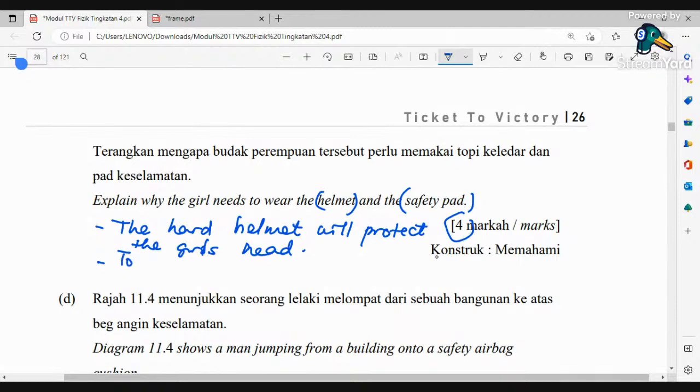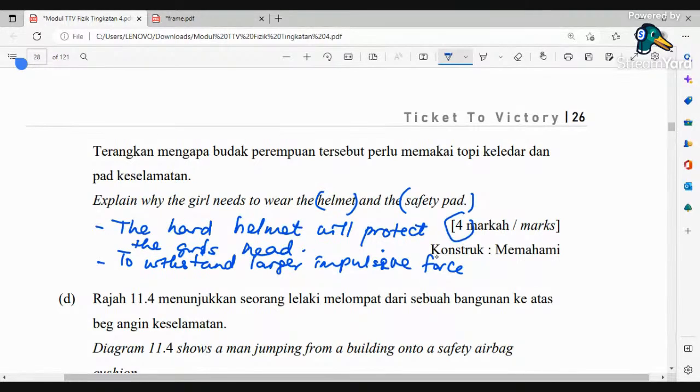Okay, to apa? Kita nak apa? To withstand larger force. Okay, kalau dia jatuh, okay, helmet tu dia keras, dia hard, so dia akan prevent head from injured. Okay, ini 2 markah untuk helmet.